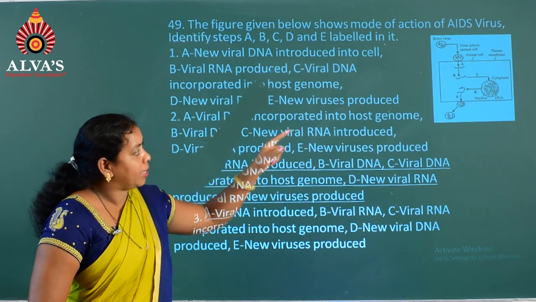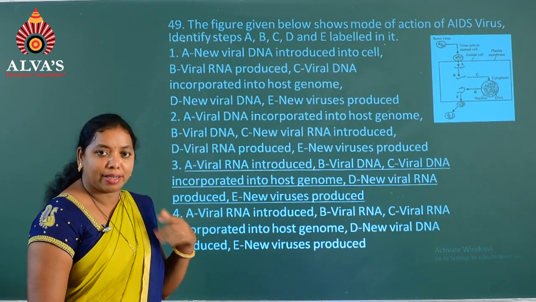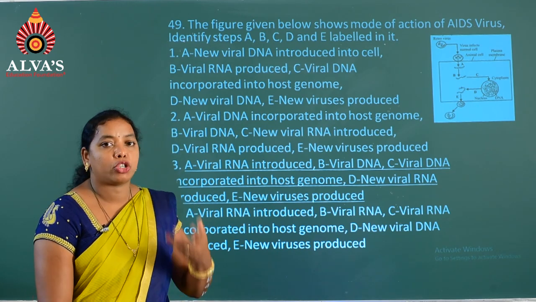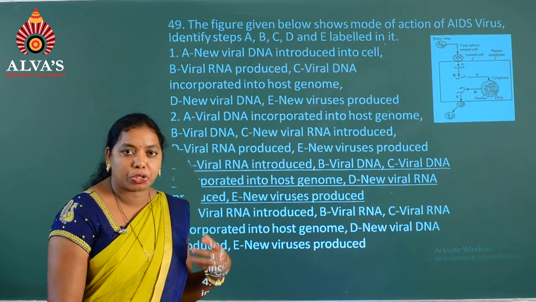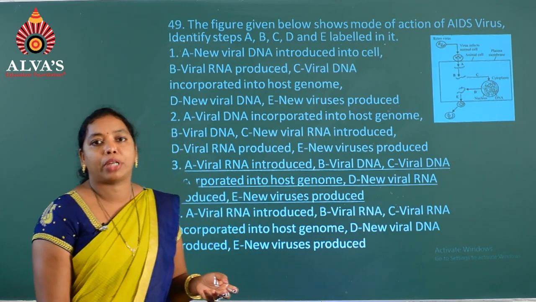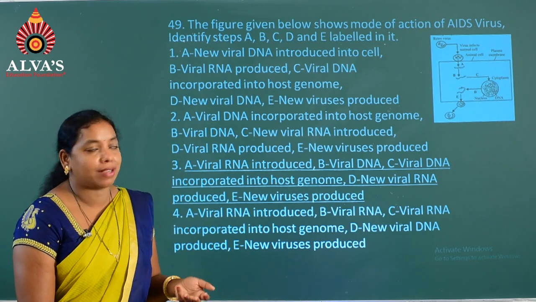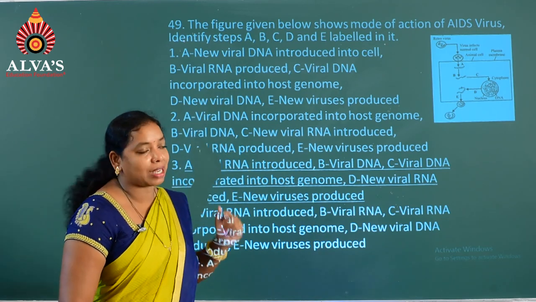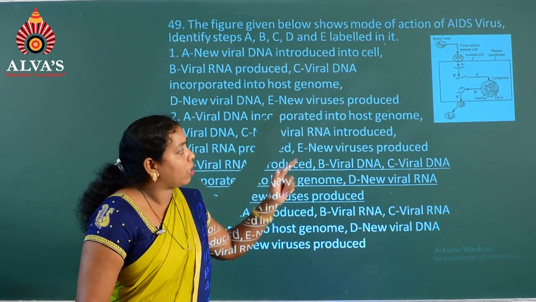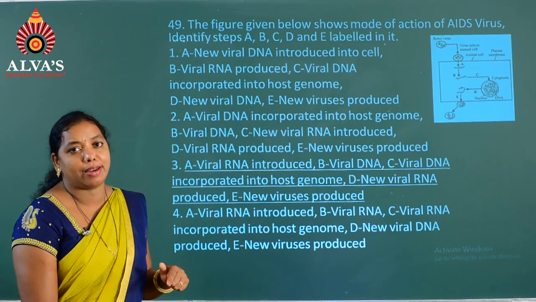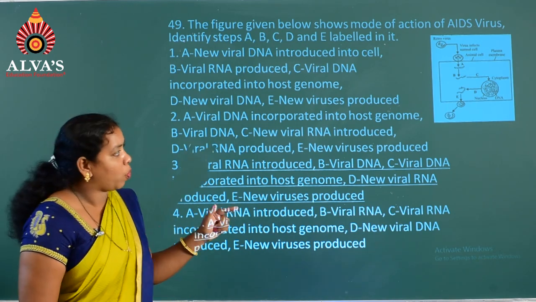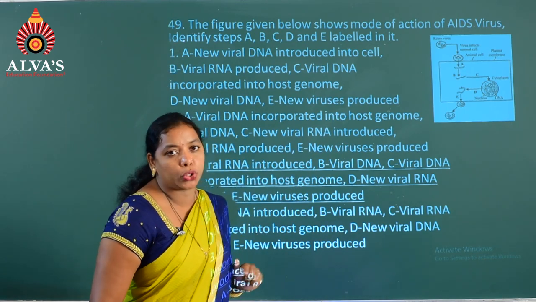After incorporating that genetic material, that is RNA, the process called reverse transcription is initiated with the help of the enzyme reverse transcriptase. During reverse transcription, the RNA produces DNA, that is viral DNA. That viral DNA enters the host nucleus.